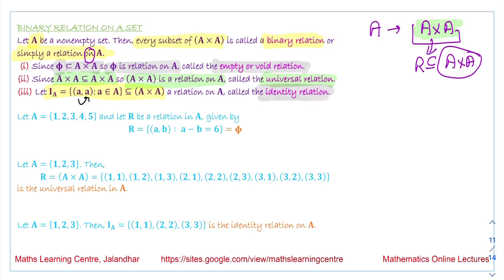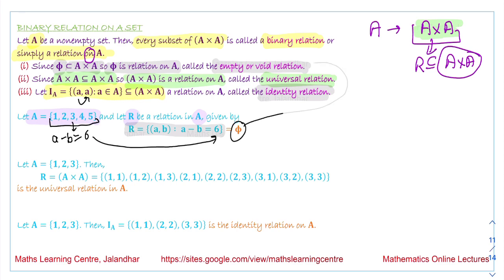For the first case, let A be 1, 2, 3, 4, 5 and R be a relation in A, where A minus B is equal to 6. We can see that we cannot choose any two numbers from this set for which A minus B is equal to 6. So there is no element present in this relation, and this is called the void relation or the empty relation.